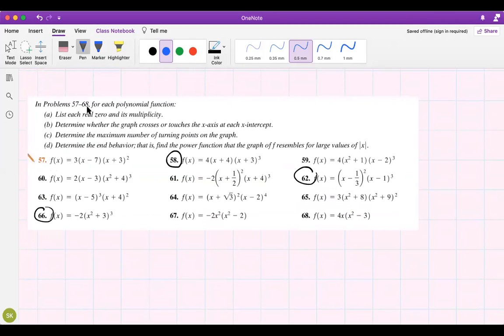Then you want to determine whether the graph crosses or touches the x-axis at each x-intercept. Then determine the maximum number of turning points on the graph. And then determine the end behavior. That is, find the power function that the graph of f resembles for large values. And actually, we're going to have a part E here, which is not part of the homework problems, but we want to graph the polynomial function.